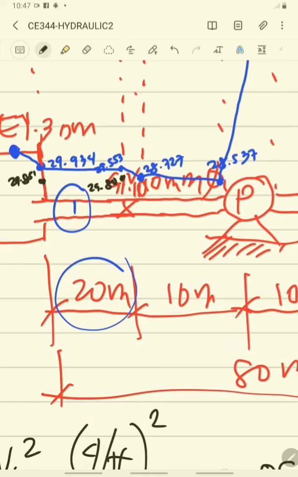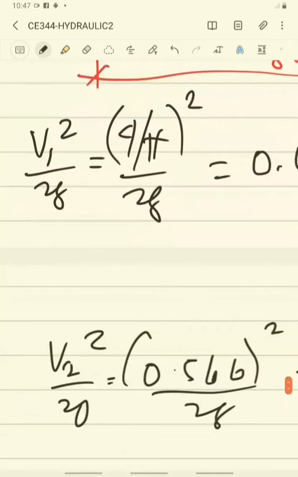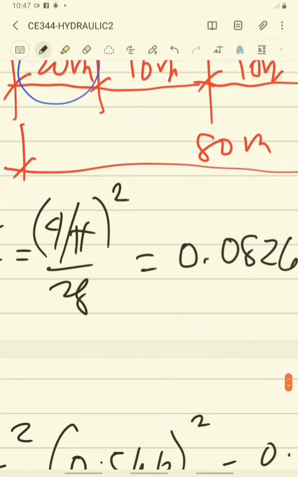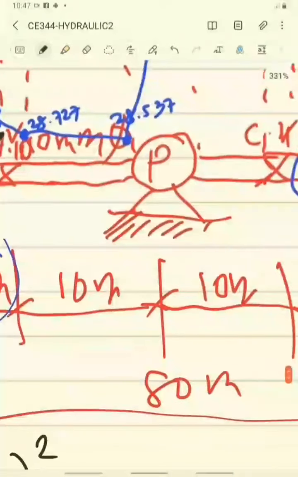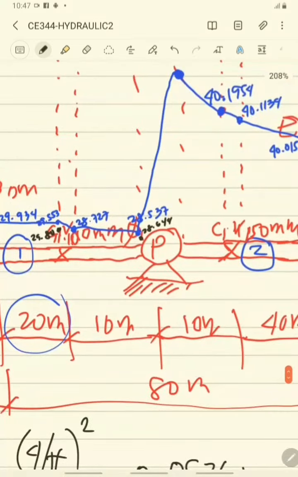So this is your application of your hydraulic grade line. So you have 28.727 minus, again, 0.0826, 28.644. So here you have 28.644.